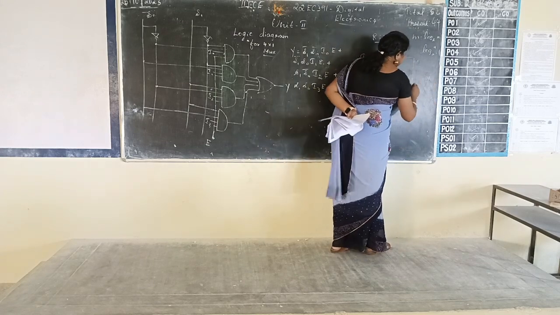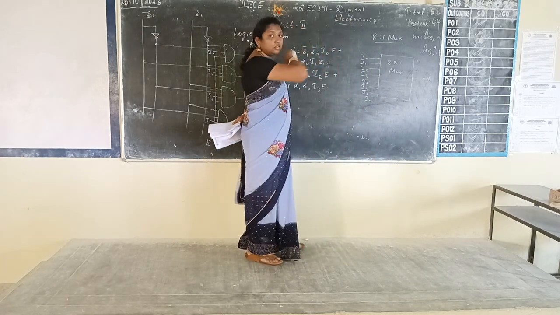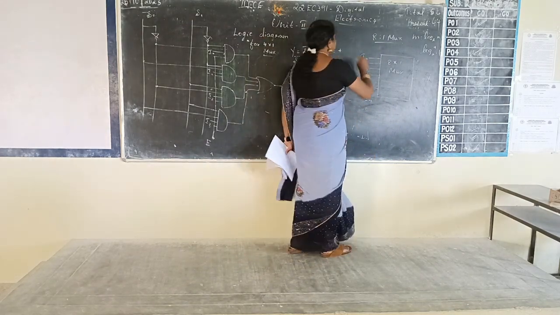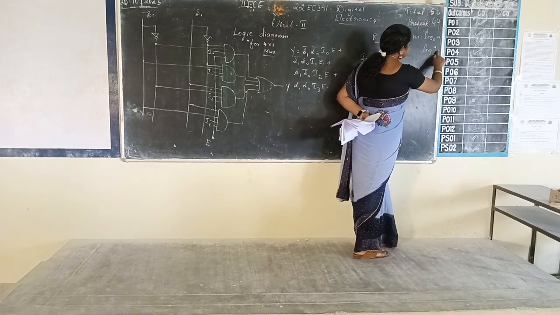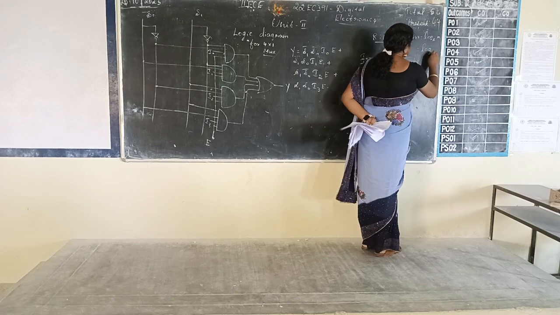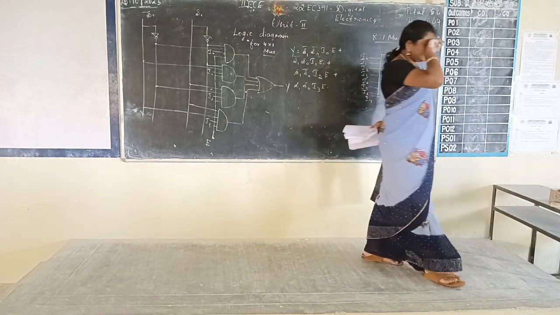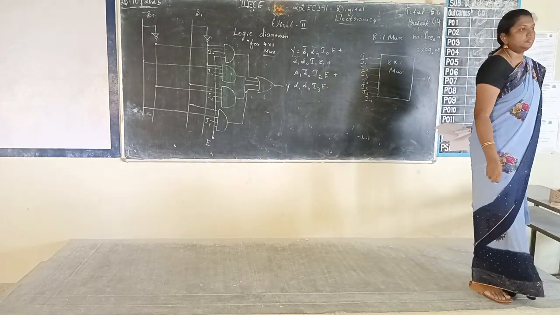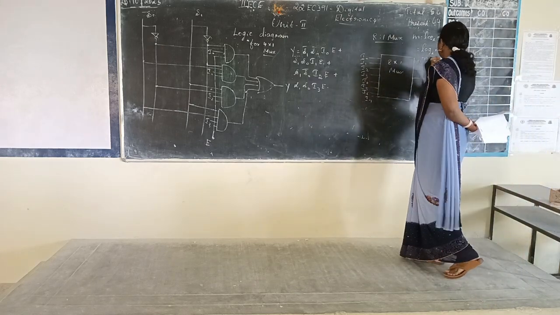So how many selection lines are required? Substitute the n value, and you get m is equal to 3.